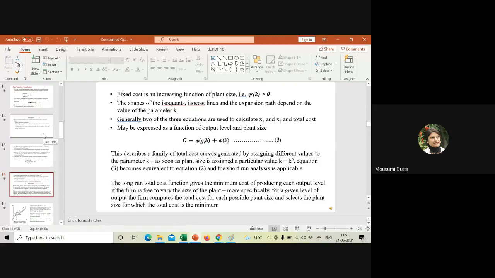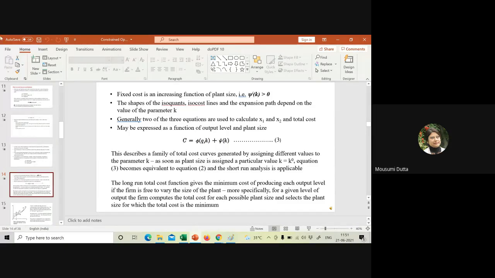So all this mechanism is already done. You know the process by which we derive the input demands and plug them in the cost equation to get the minimized cost, or in the output equation to get the maximum output. So you know these steps.